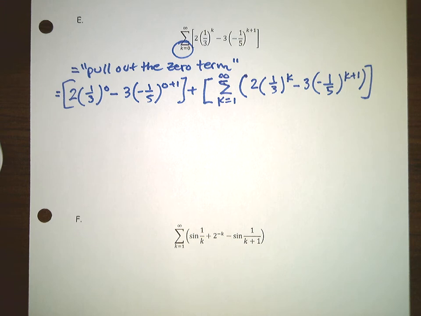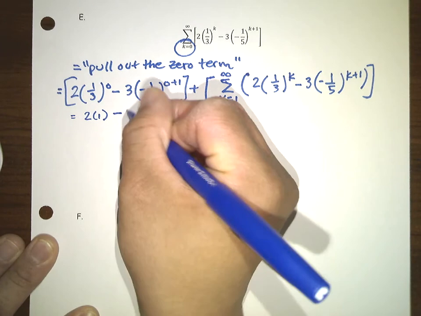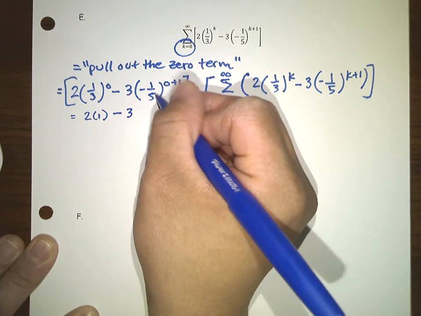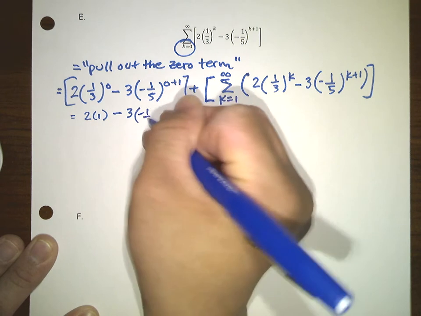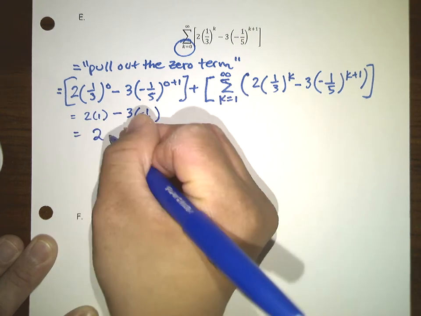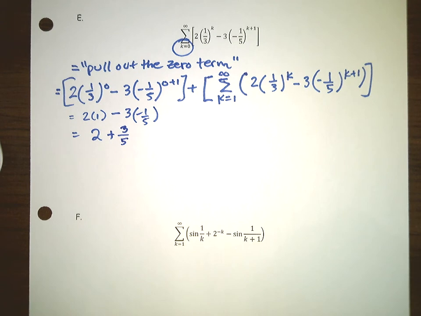So 2 times a third to 0 is 2 times 1 minus 3 times negative fifth to the 0 plus 1. That's negative a fifth. So we have 2 plus 3/5 no matter what. Keep that in mind.